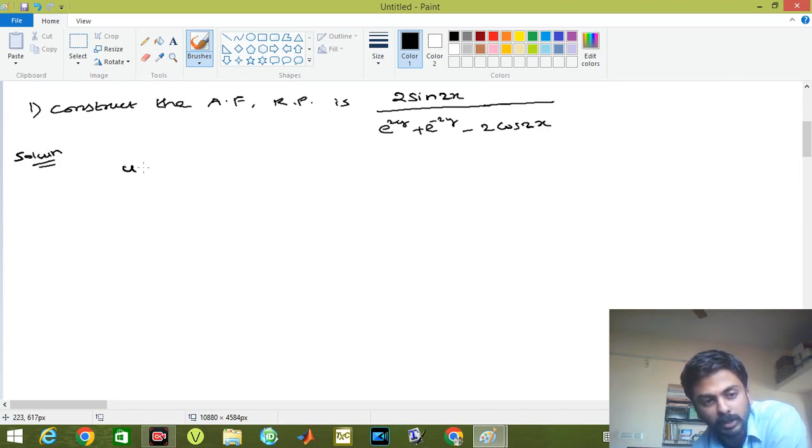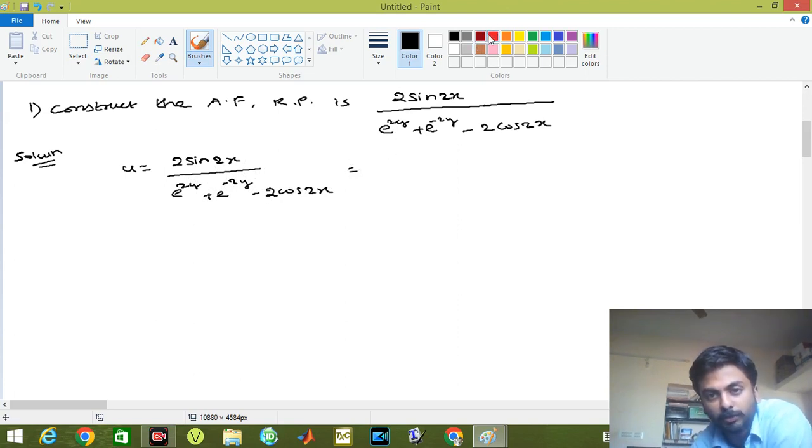So what is given? u equal to 2 sin 2x divided by e power 2y plus e power minus 2y minus 2 cos 2x. This can be written as the following equation, but we are going to divide the numerator and the denominator by 2 without loss of generality.